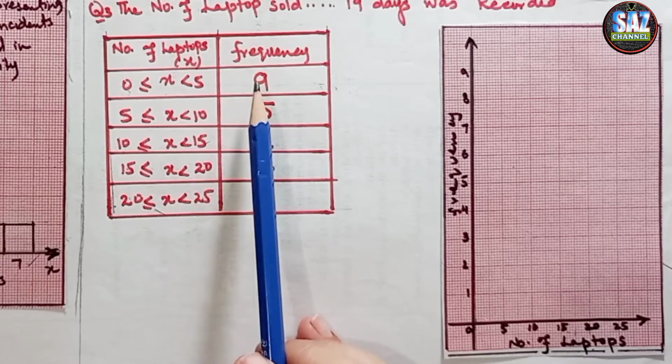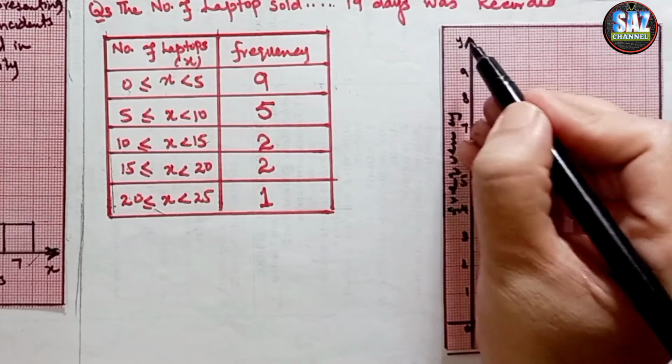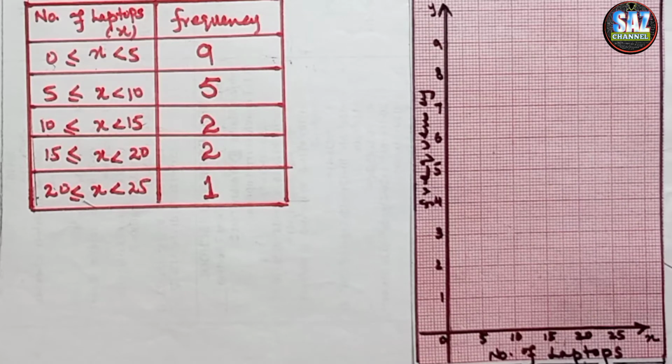The largest frequency is 9, so it's not a very large scale. We can have 9 blocks on the y-axis, and we are choosing 1 centimeter equals 1 unit on the y-axis.